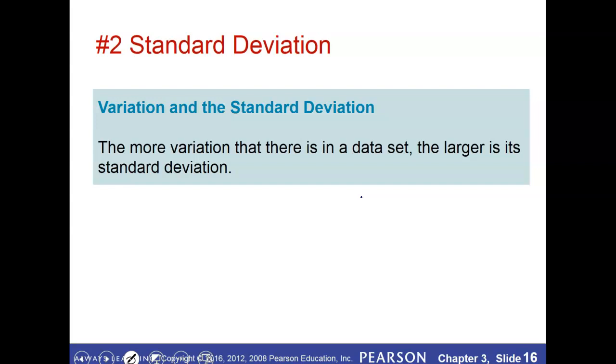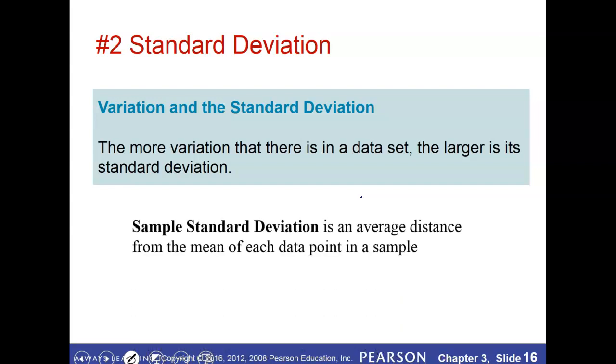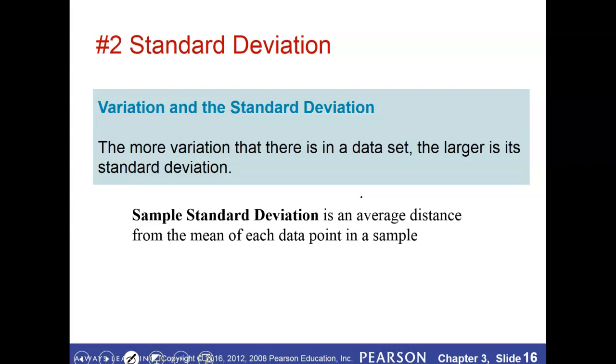It says the more variation there is in the data, the larger its standard deviation. That's because the standard deviation is the average distance that every data point is from the mean. So it's better than the range because the range only looks at the highest number and the lowest number. The standard deviation looks at every single number and gives you an average distance away from the mean.